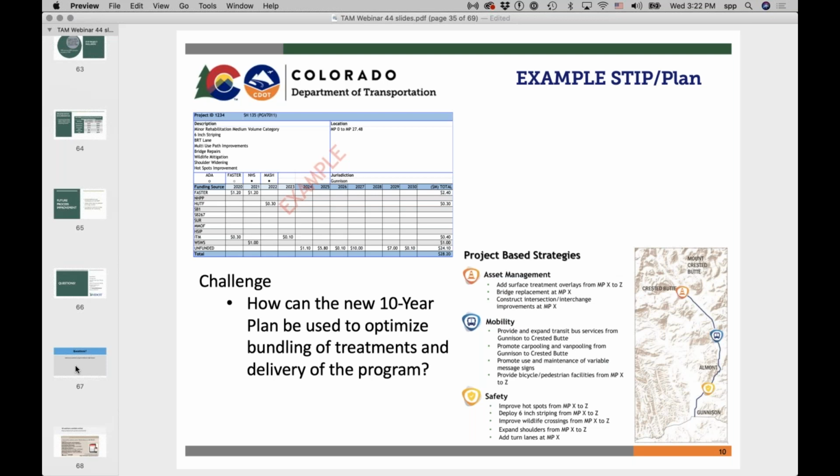This is Jim Ashman at Michigan DOT. We also address that in the project selection process.